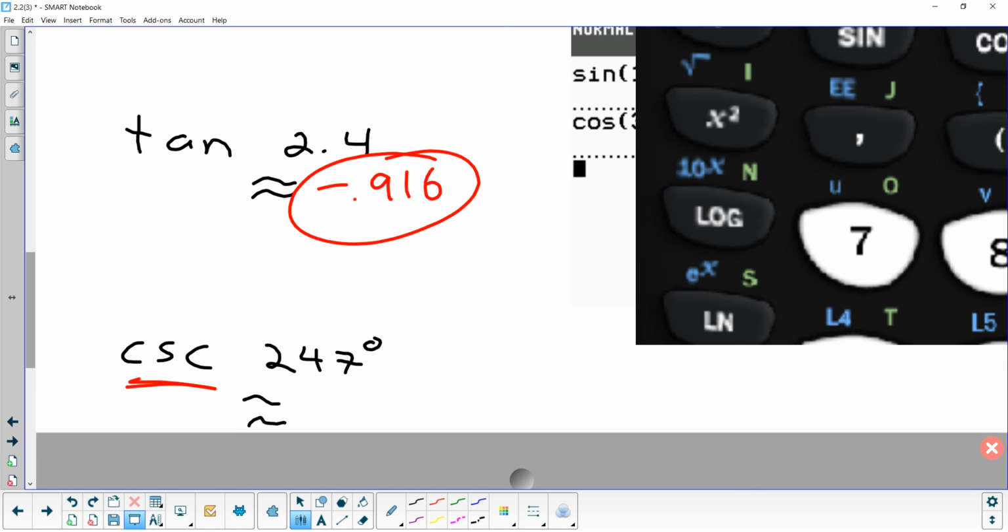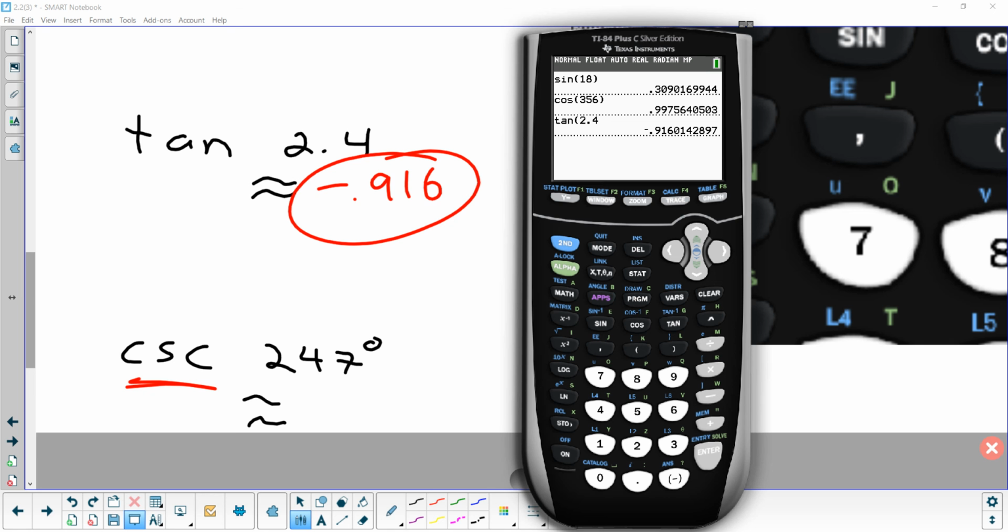That's exactly how you have to do cosecant. You have to find the sine of 247 and flip it. That's the only way to do it. So the way you can type it in on your calculator, just like this. 1 divided by sine 247. That's how you do cosecant. Take the sine and flip it.